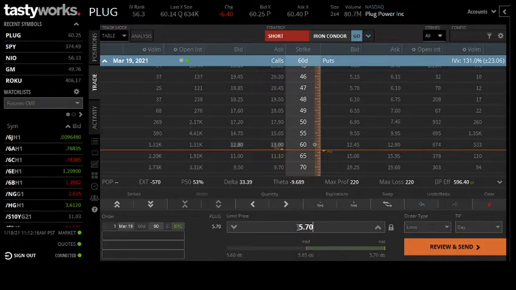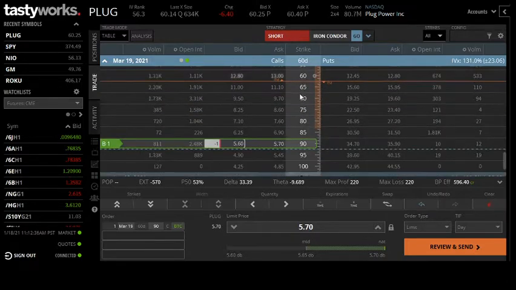Say you collected $700 credit, and 2 days later it's worth $800, now you're at a loss. But if it's worth $570, it's decaying, so you're paying the difference between what you sold it at and what you're closing it at.